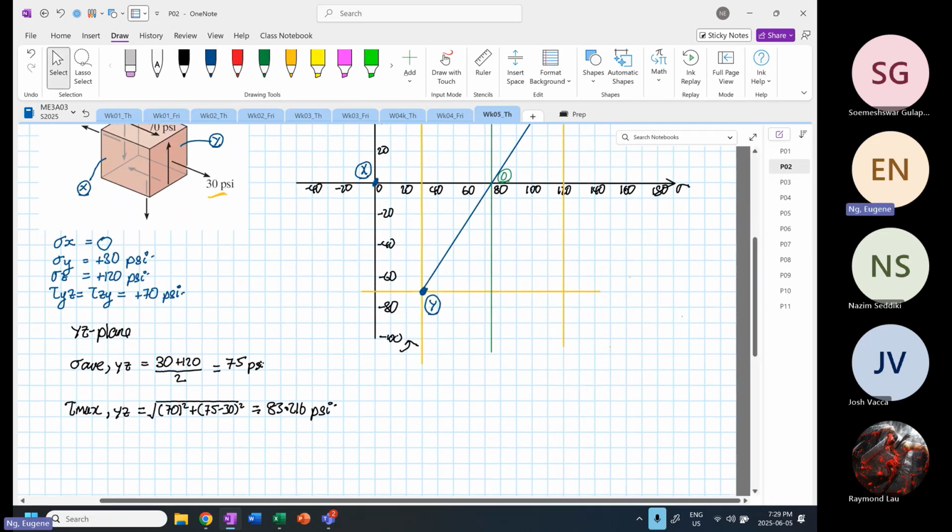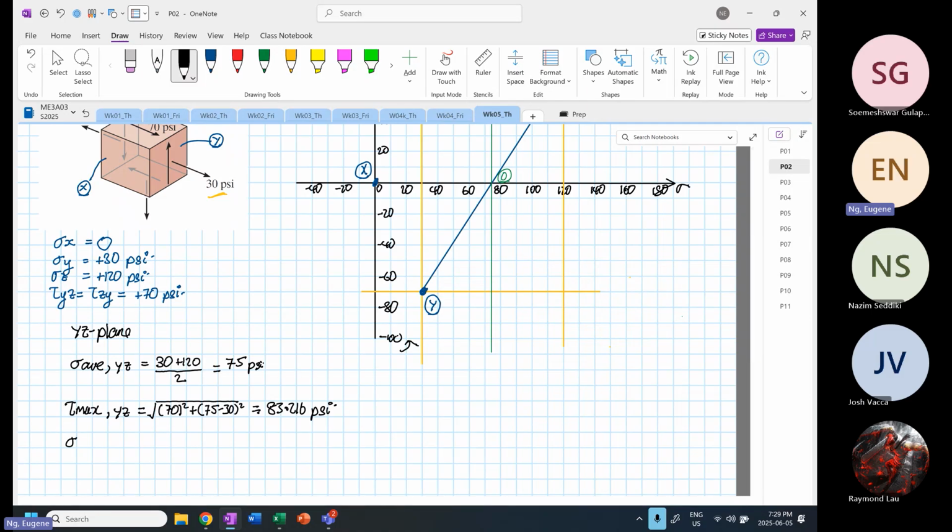So likewise, we can calculate stress. Now, in 3D Mohr circle, we don't call it 1 and 2. We tend to call it stress A and stress B. Okay, stress A and B. Okay, for 3D Mohr circle.